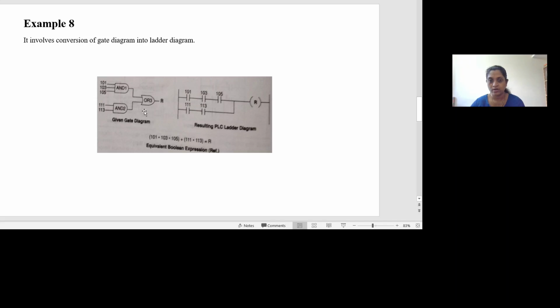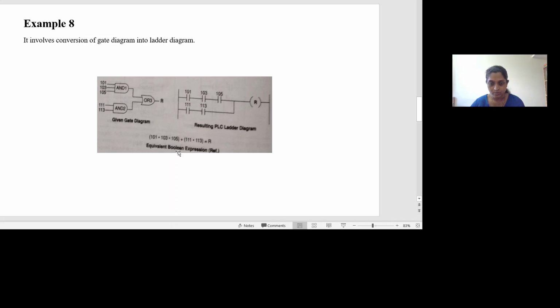So this OR gate is replaced by a parallel combination. This is one AND gate and this represents a second AND gate, and they are ORed together, so they should be in parallel, and this produces the final output R.